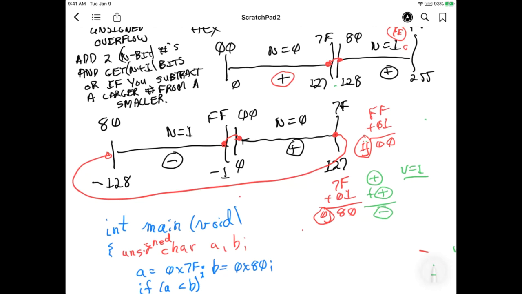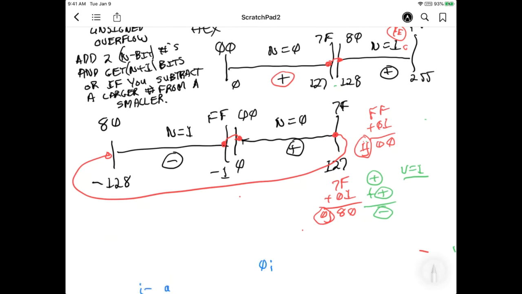Let's take a look at another calculation. Let's start at the other end. Let me get rid of some of our C program here and do some cleanup down here. Okay, so in this case, let's do this in blue. If we take 80 and we add FF, now F plus 0 is F, that's not a big deal.